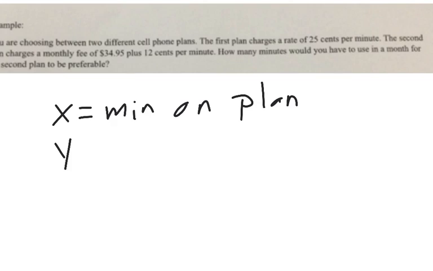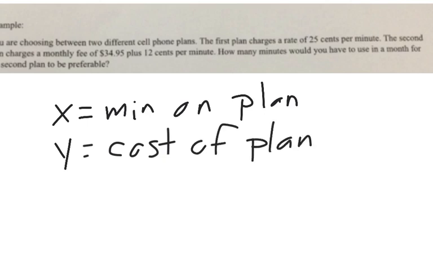What's the other thing I don't know? If you read that problem again, I had to read it a second time. The cost. Those are the two things that are important to me: the cost of the plan and the minutes I'm using my phone.